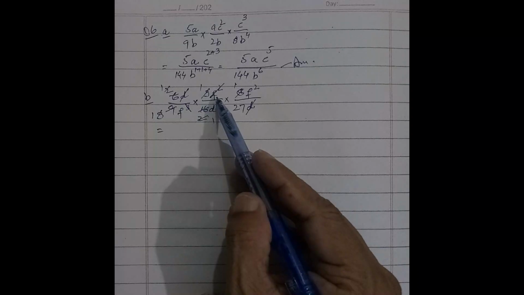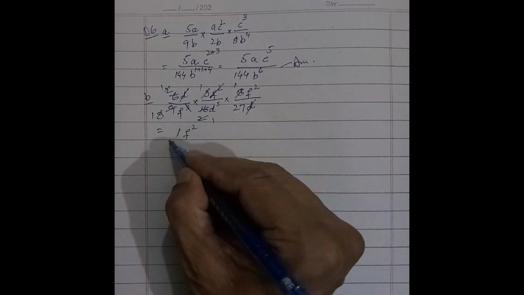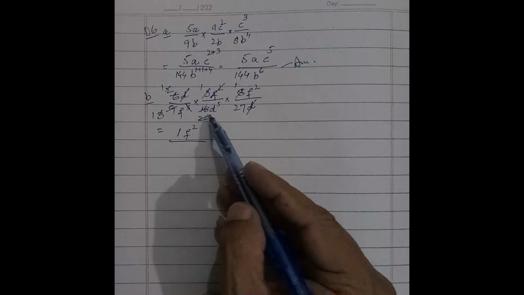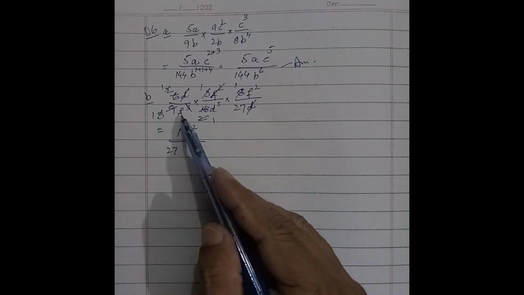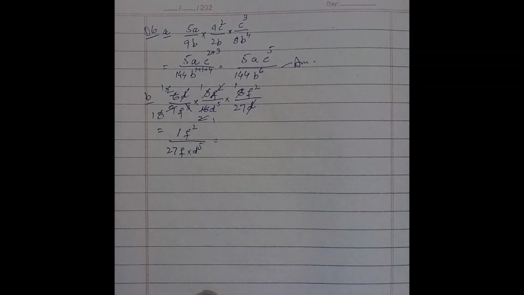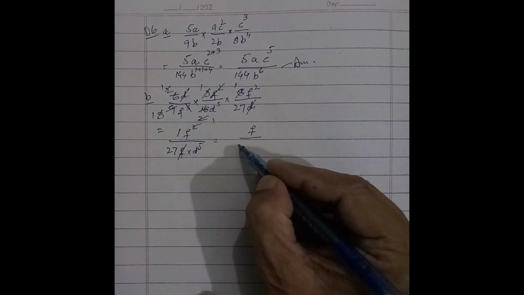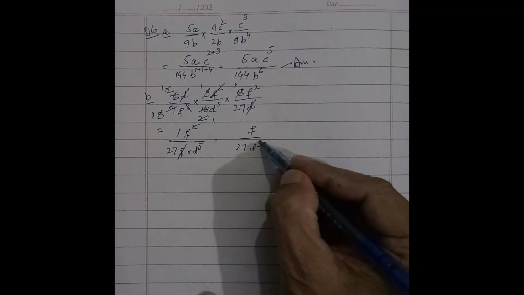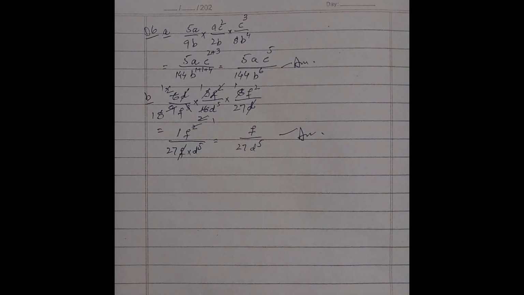It is 1 multiplied by 1 is 1, and f square over, in the denominator only 27 is a digit, and the remaining is f into d5. Further we simplify, f cancels with f, and the simplified form is f over 27 d5, which is the answer of B part of question 6, exercise 1.